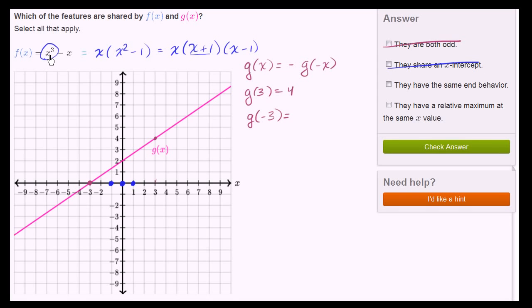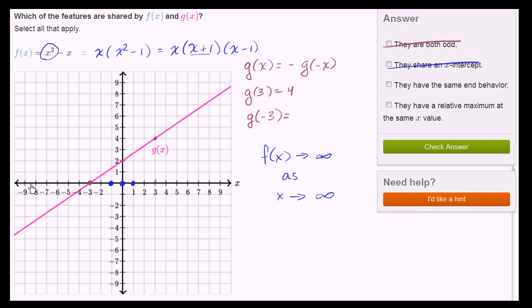So as x grows really large, f of x is going to grow really large. The bottom line is f of x is going to approach infinity as x approaches infinity, as x gets larger and larger.